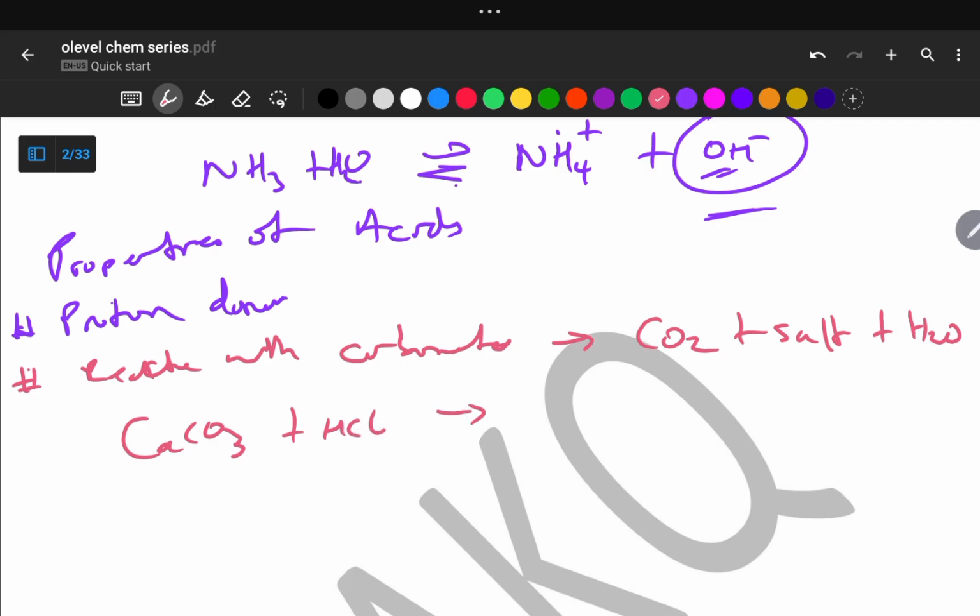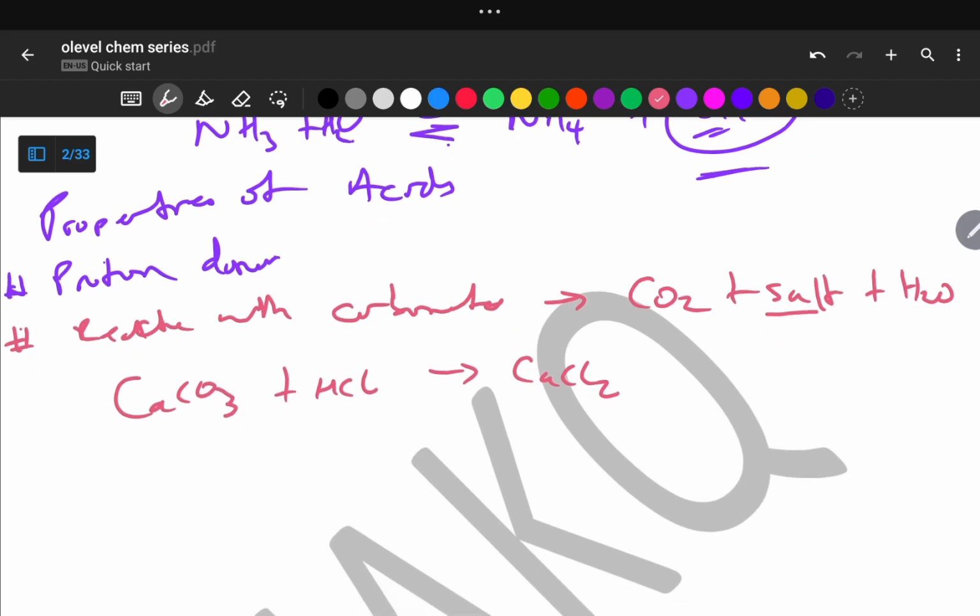We are going to obtain salt, and the salt is calcium chloride. You should be able to write these chemical formulas, and I taught you how to write them. And then we have carbon dioxide plus water, and you simply balance this equation. So we are going to have a 2 here, and this equation is now balanced. Are we together?